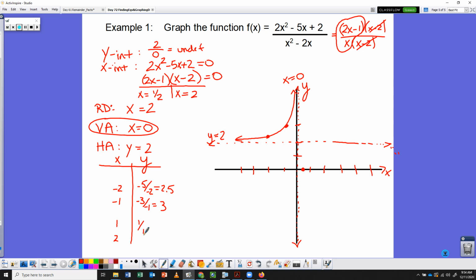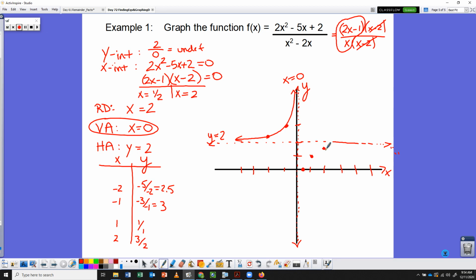So when x is 1, y is 1. And if I put a 2 into the formula, 2 times 2 is 4, minus 1 makes 3, divided by 2 is going to be 3/2. So at an x value of 2, I'm at 1.5.